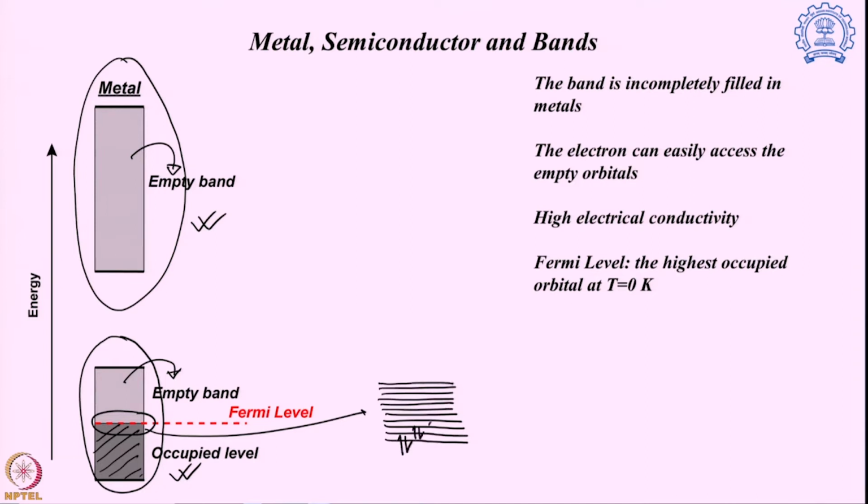There are different electrons present, shown by these numbers, and it stops up to here, where we have that many electrons. The next levels are empty, no electrons are there. However, they lie so close to these orbitals that the electron can easily jump over without much effort.